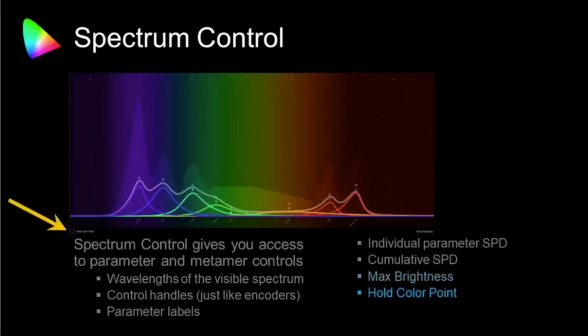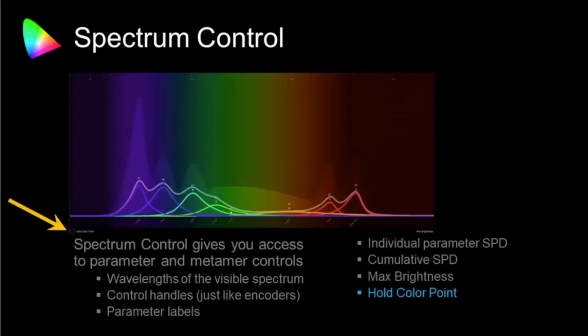We also have hold color point, and I like hold color point. Rob mentioned this as a great phrase, which I'm stealing, which is that hold color point is really sort of a customized metamer, right? When hold color point is enabled, it locks the chromaticity of that fixture.